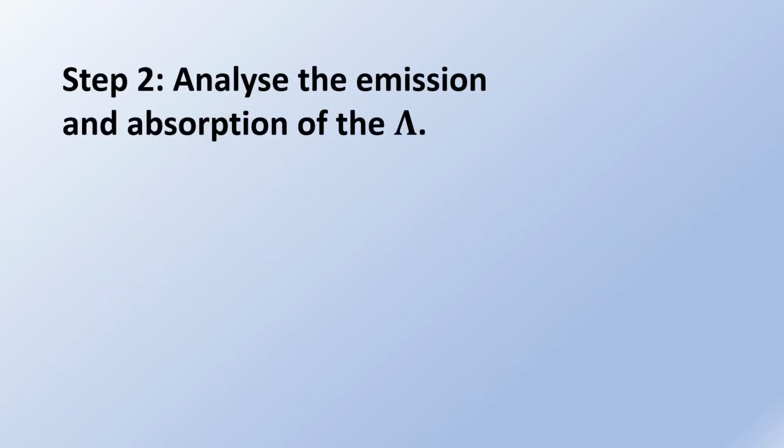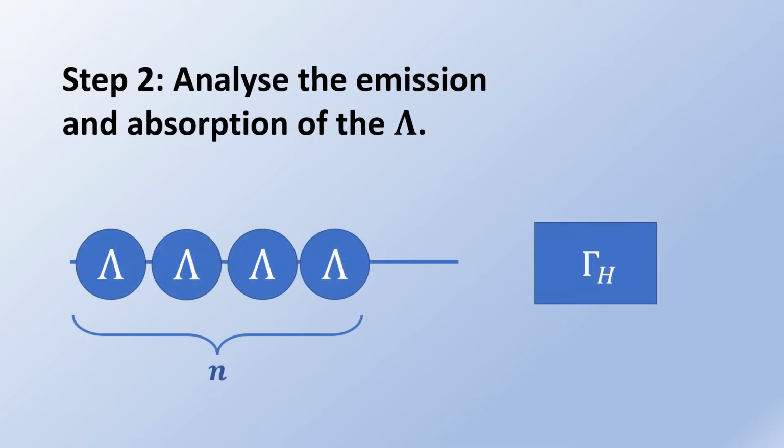Now, let's look at the emission and absorption processes in more detail. Consider n lambda particles in our state and the gamma apparatus in the excited state. After the emission, we have the gamma in the ground state and n plus 1 lambda particles in our state.